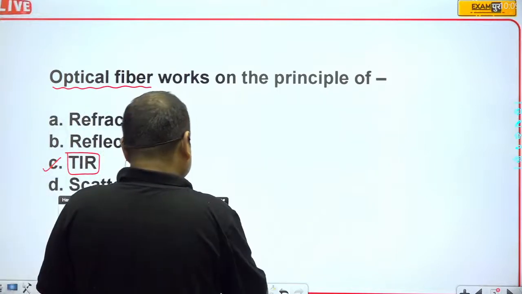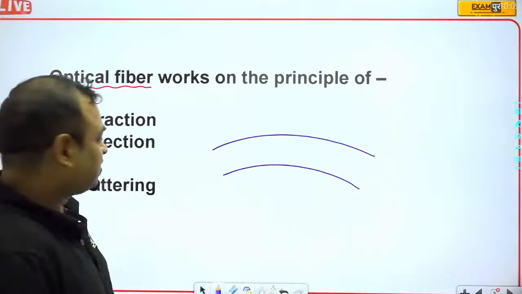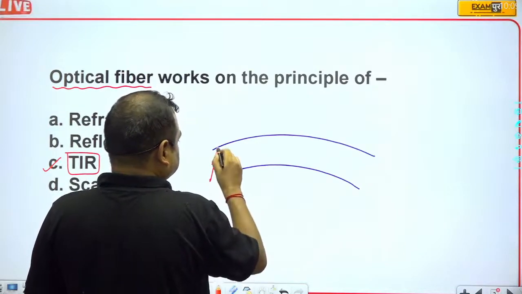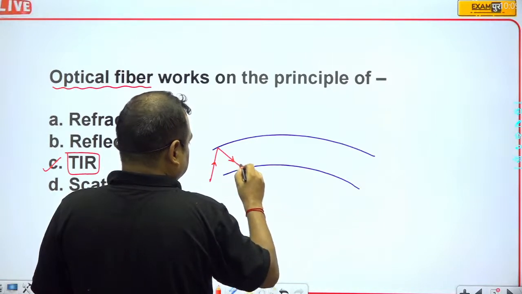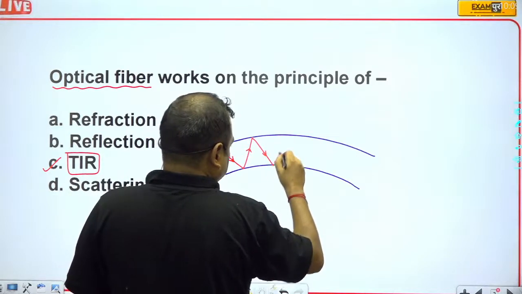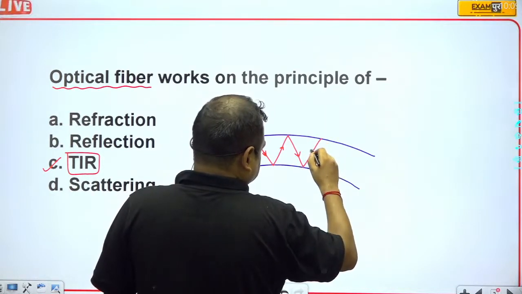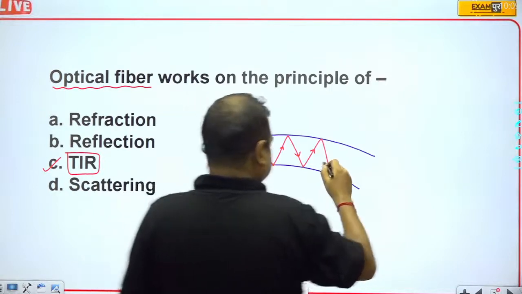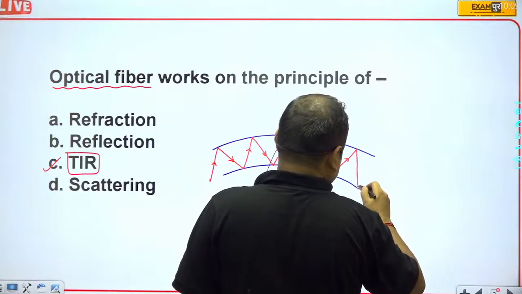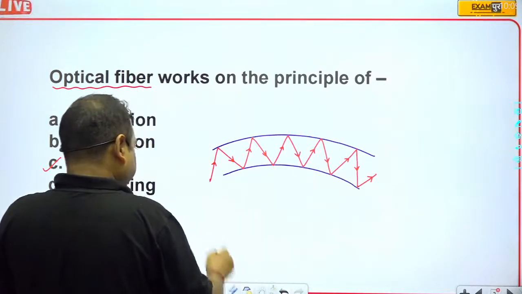Because optical fiber is a denser medium fiber, and a light ray which is incident inside this optical fiber reflects like this, again and again.